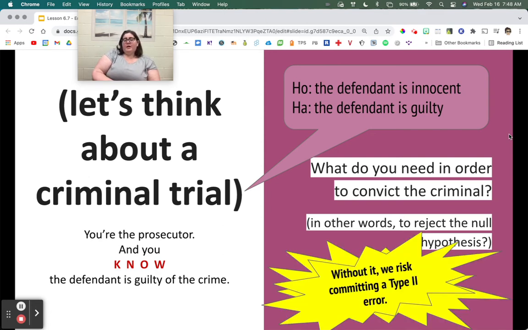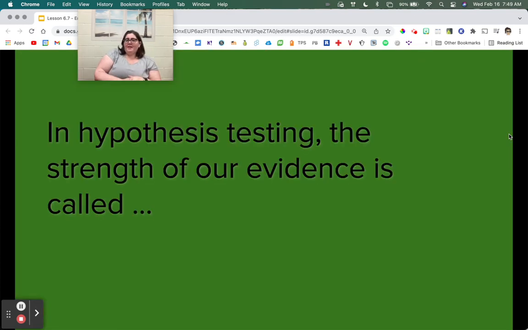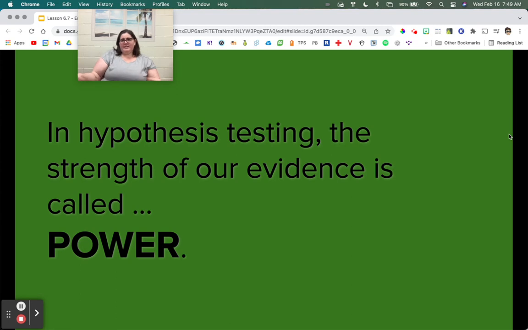You need power, is what we call that. So without that, we're risking a type 2 error where the jury decides they're fine when they're actually not. So that evidence that we're talking about in hypothesis testing is called power. The strength of our evidence in a given situation is called power.